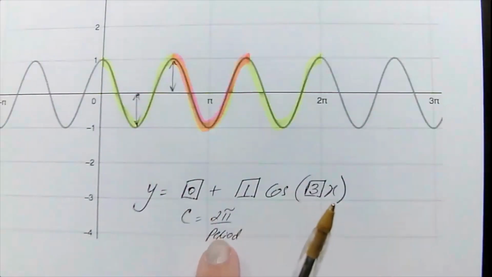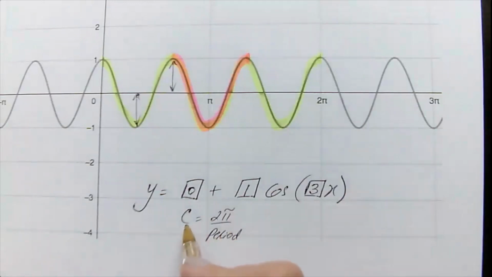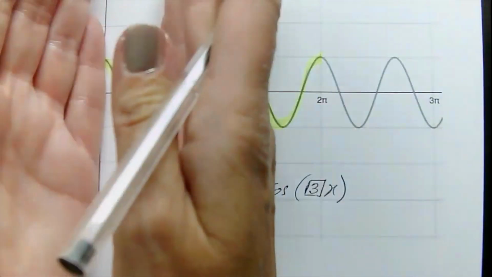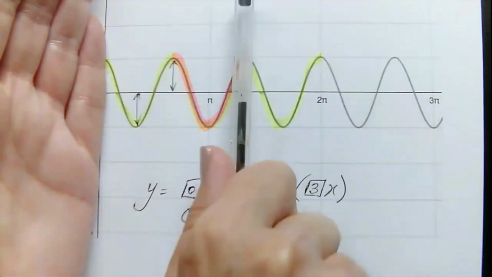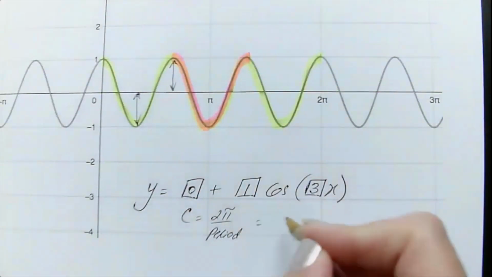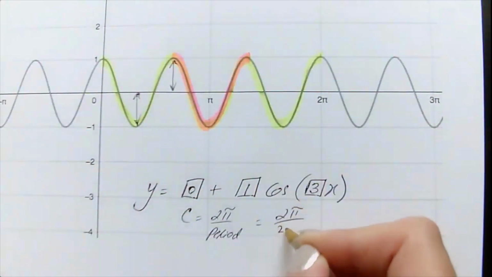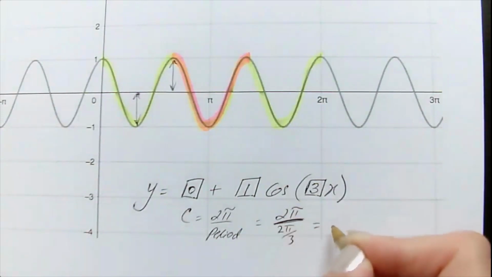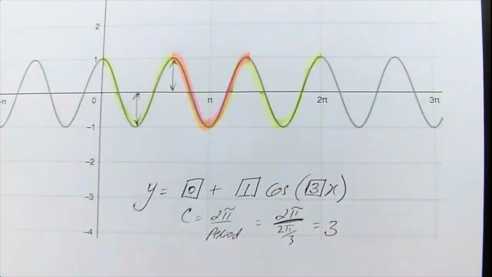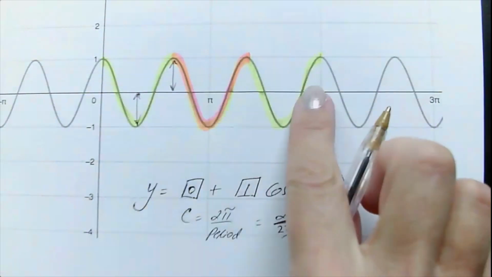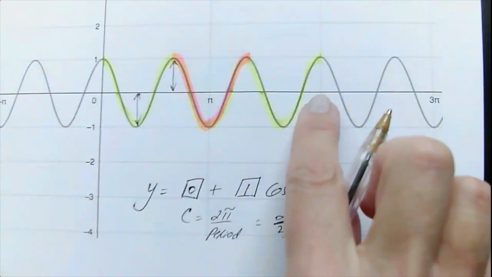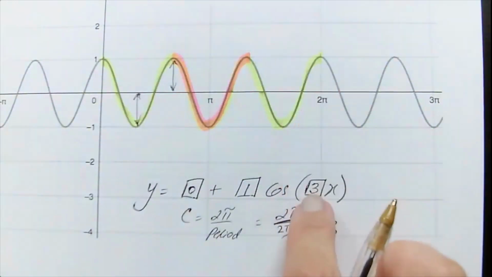And so what that value must be is it must have been the 2 pi divided into 3. In other words, 2 pi divided by 3. And 2 pi divided by 2 pi, divided by 3 is, of course, where the 3 comes from. But it is easier in this scenario to just analyze how many of the shape is between the original period, 0 and 2 pi, and that will give you that number.